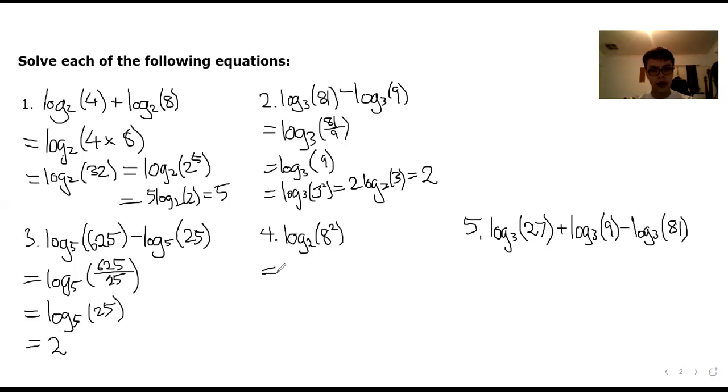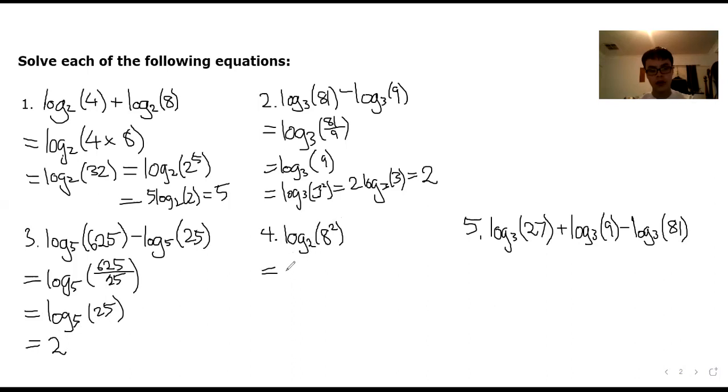Next one. So we have log 8 to the power of 2 with base 2. What we remember from our previous slide is that we move this power down and multiply that power by the logarithm.